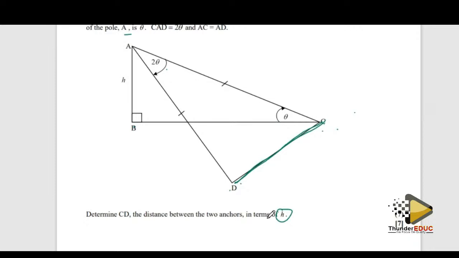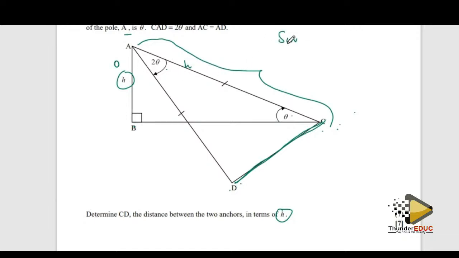So I can start by finding this distance, AC, in terms of h. Because if I have this h, I have the theta, and then I have this 90, I can use the trig ratios. This is the opposite, this is the hypotenuse, so we can use sine.